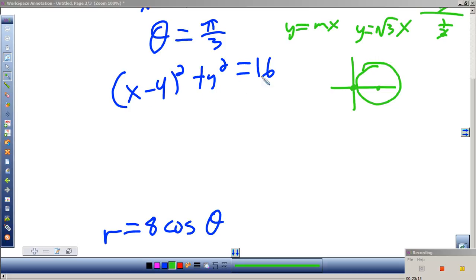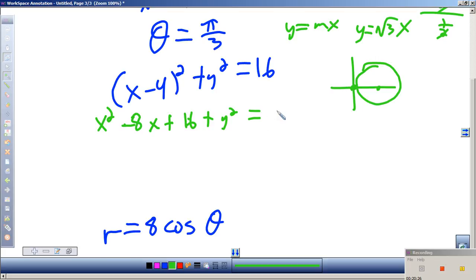Well, I would start by probably multiplying this out, get x squared minus 8x plus 16 plus y squared equals 16. Then what can I do? Okay, 16 cancel. What's x squared plus y squared equal to? Yes, r squared minus 8x equals 0. What is x equal to? r cosine theta.